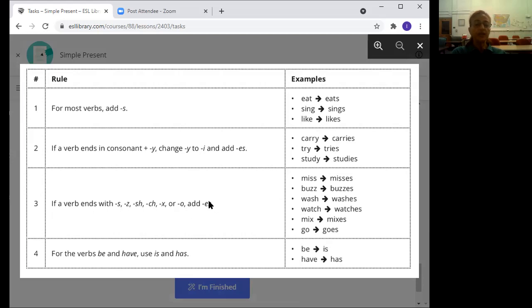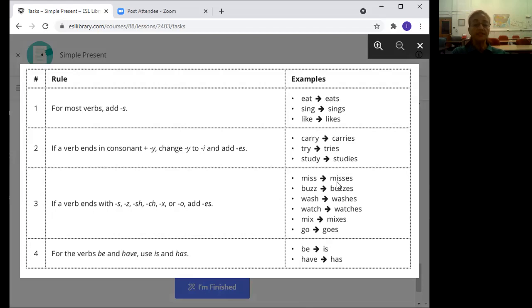They add es at the end of the word, and that es is actually pronounced as an additional syllable. For example, the verb miss, right? So we have a double S here. What we're going to do, we're going to add es at the end, and we're going to say misses.